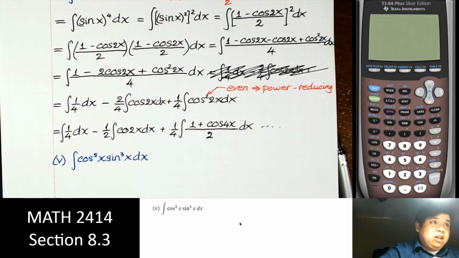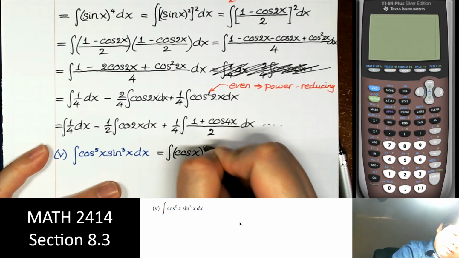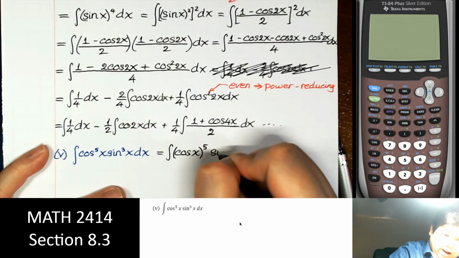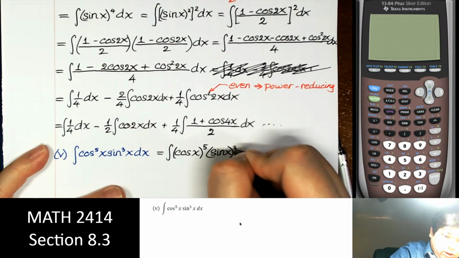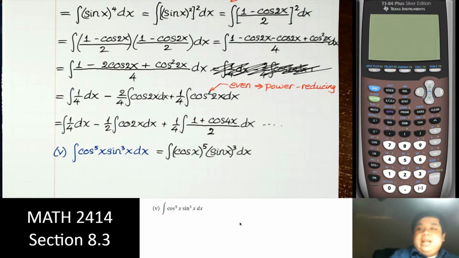Right, so let's rewrite this as cosine of x to the fifth, and then sine of x cube. Right. So now this one is easy.